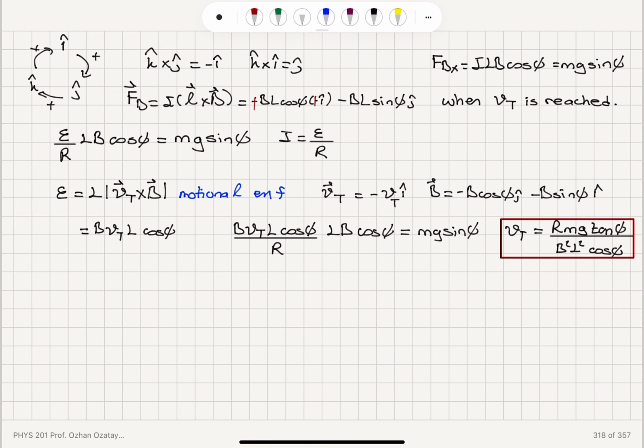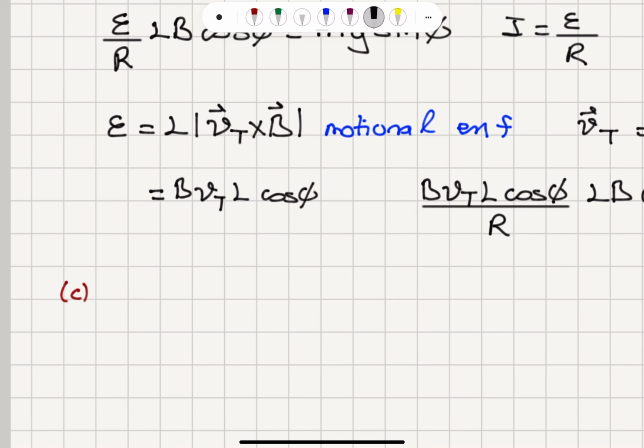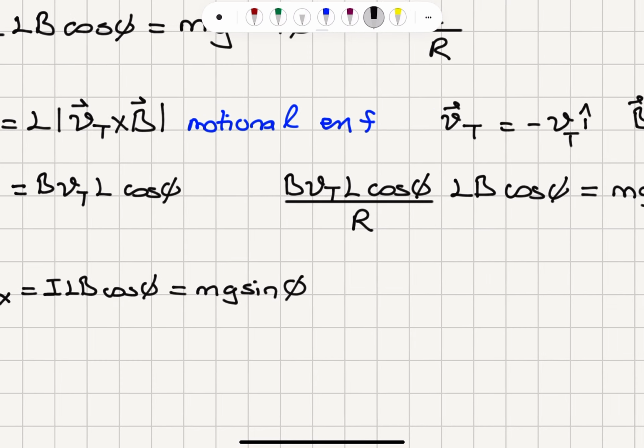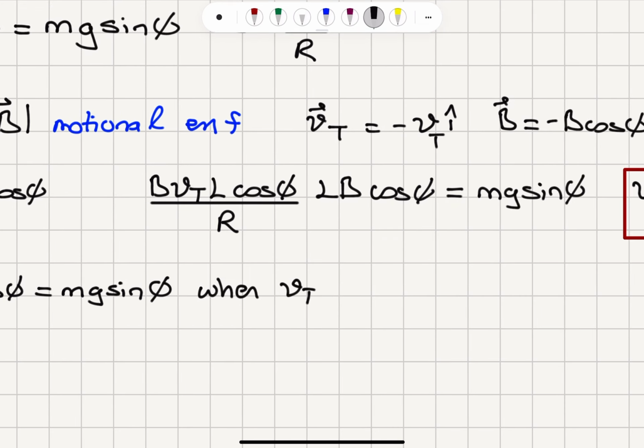Okay, so in part C, we have the x component of the magnetic force, which is ILB cosine phi, balancing the x component of the gravitational force, mg sine phi. This is when the terminal speed has been reached.